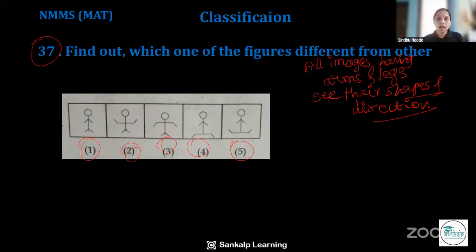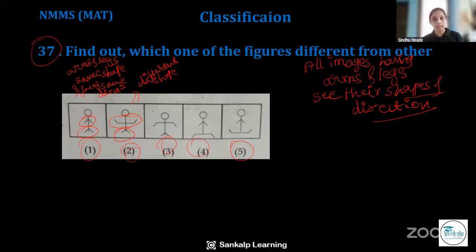Image 1: here arms and legs are in the same shape and face the same direction. But in image 2, arms and legs are in different shapes and the faces are in different directions, one upward and another downward.